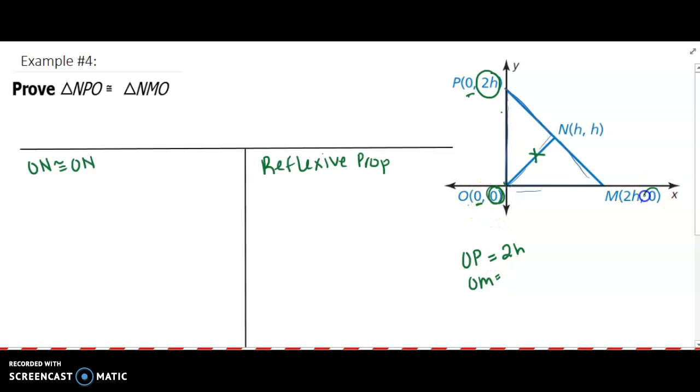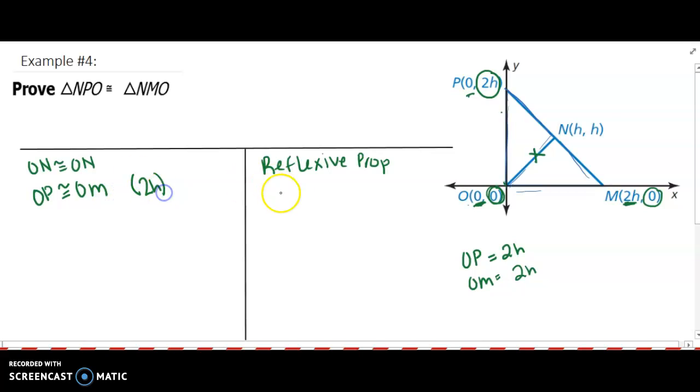Now, we're not moving up or down, we're just moving left and right, but we're going from 0 to 2H, so the length is still 2H. So I can say that OP is congruent to OM, I'm going to put in parentheses, 2H, by the diagram.